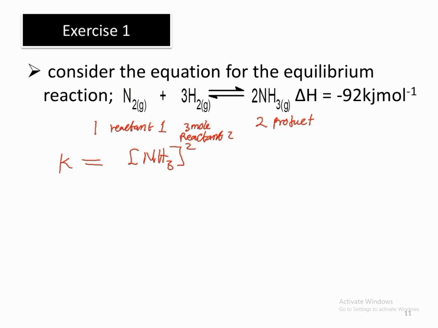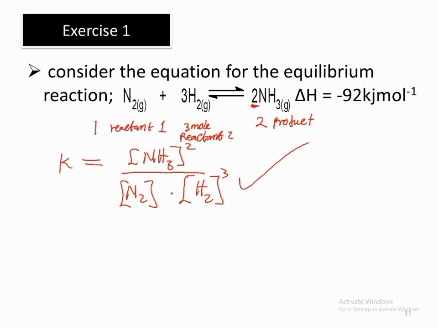Ammonia raised to power 2, divided by the concentration of nitrogen, of course it's just 1 mole, multiplied by the concentration of hydrogen, and hydrogen has a mole of 3. So this is the equilibrium expression for this chemical equation.